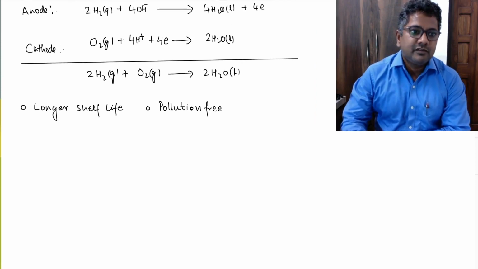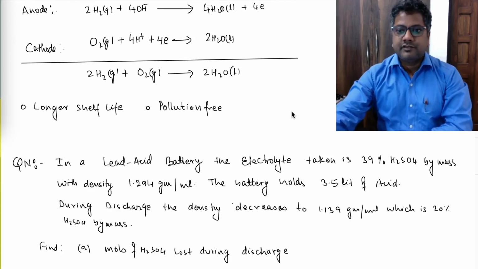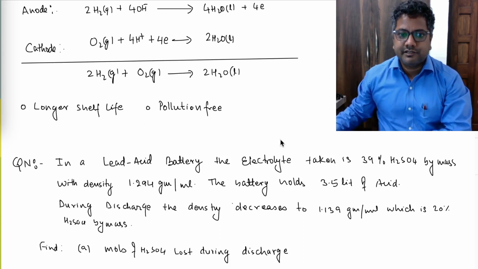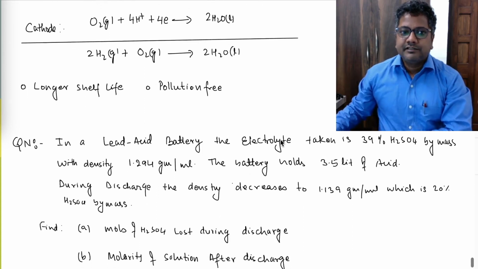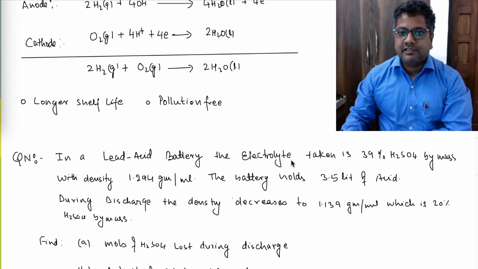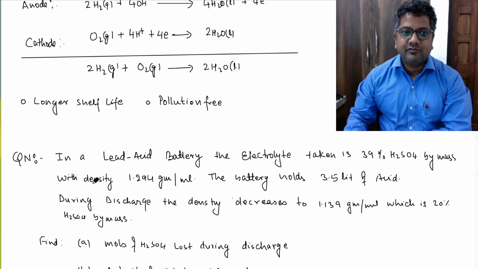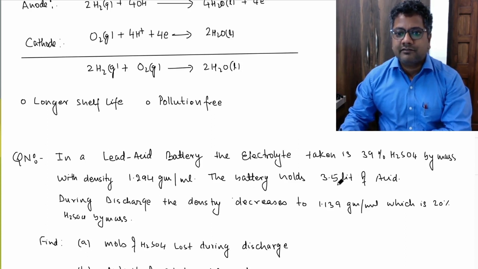Okay. Well, dear friends, see there is one question based on the lead acid battery. In a lead acid battery, the electrolyte taken is 39% H2SO4 by mass with density 1.294 grams per ml. The battery holds 3.5 liters of the acid.